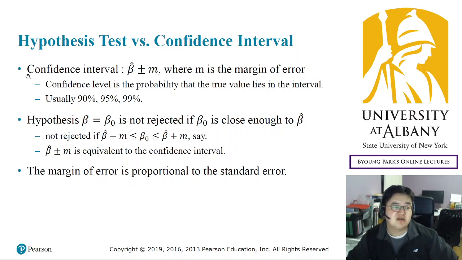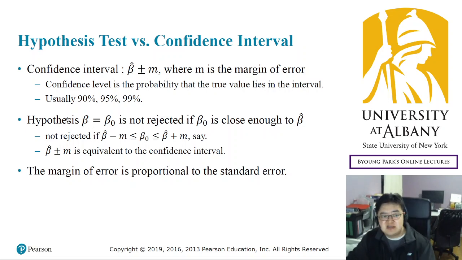Why did I say the confidence interval is a flip side of the hypothesis test? Consider this hypothesis: you believe that beta equals beta 0, and suppose that it is not rejected. That means this value is not much different from beta hat. Remember, you reject the hypothesis only when your hypothesis and the estimator are too different relative to the standard error.